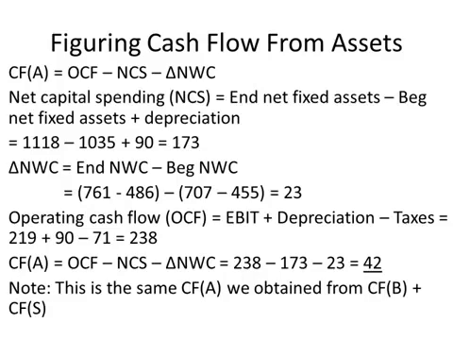And decreasing net working capital is going to produce cash. Now, how do we figure out ending net working capital? Well, that's simple. We just take ending current assets minus ending current liabilities. And how do we find beginning net working capital? We take beginning current assets and subtract beginning current liabilities. And once we get all this math out of the way, we can see that net working capital has gone up by 23 over the year 2010.